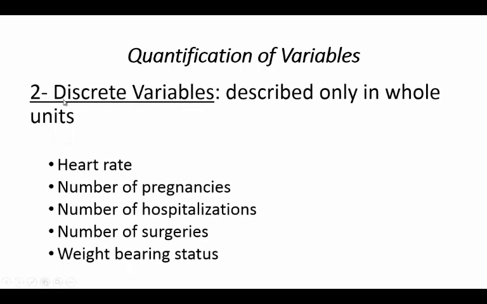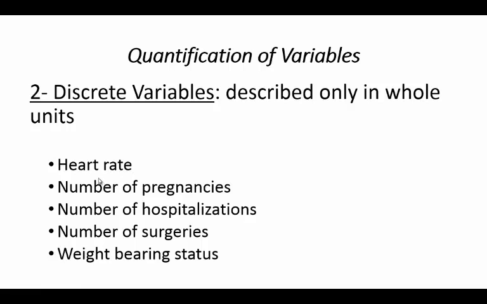Another group of variables are called discrete variables. With discrete variables, I cannot have decimal points. I cannot say it is 5.5 or 5.4. They are described only in whole units. For example, a heart rate. I can't say that somebody's heart rate is 72.5 because a heart rate is a heartbeat.